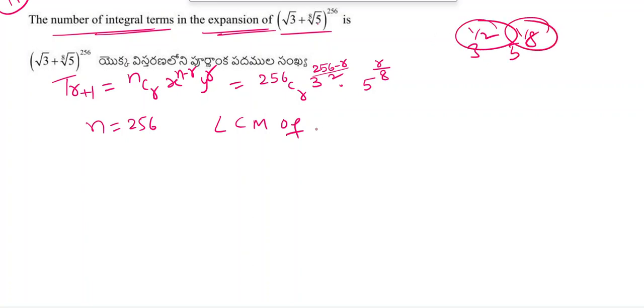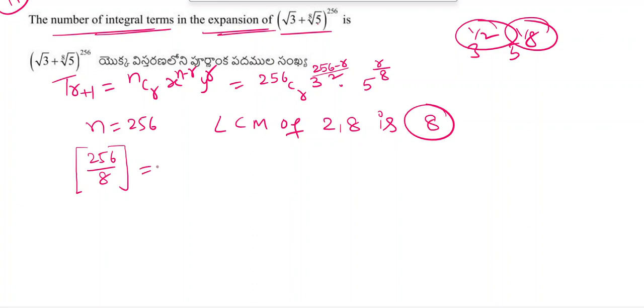Take the LCM of the denominators, 2 comma 8, which is 8. Now find 256 by 8. 3 times 8 is 24, and 2 times 8 is 16, so this value is 32.